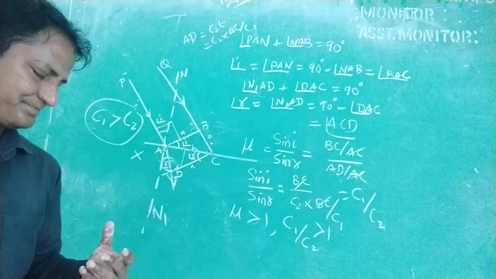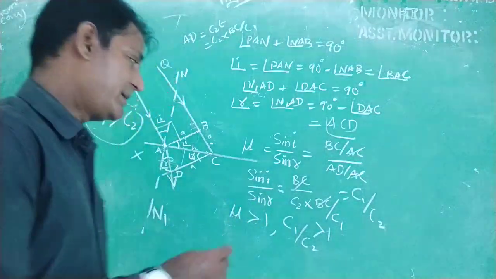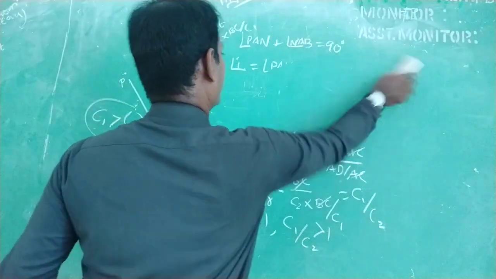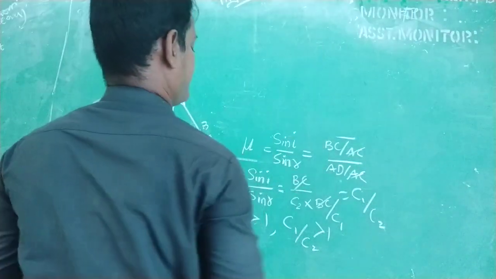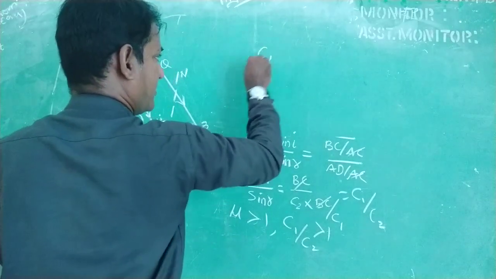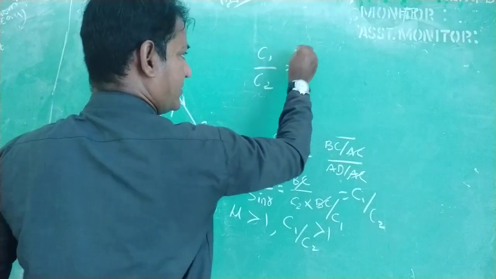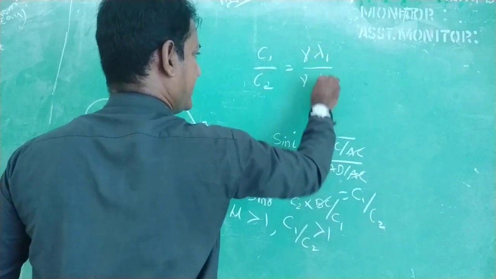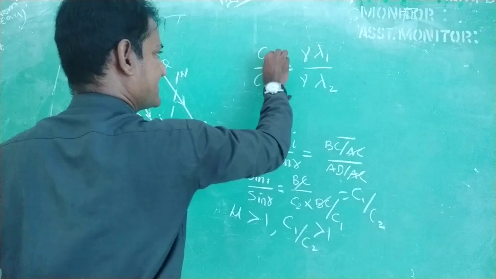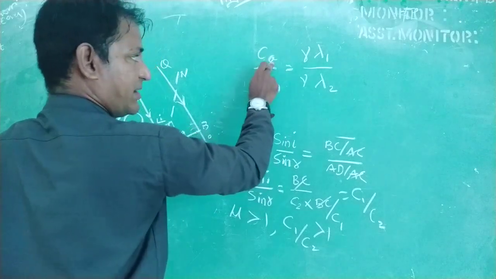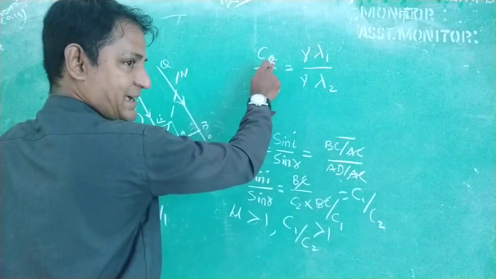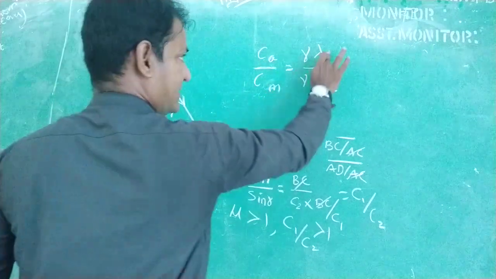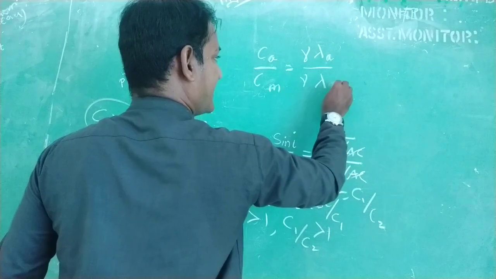Now, remember this: C1 by C2 is equal to nu into lambda 1 by nu into lambda 2. If I put Ca as air and Cm as medium, so velocity of light in the rarer medium, that is air or vacuum, and velocity of light in the denser medium or any medium, I can write this as lambda a by lambda m.